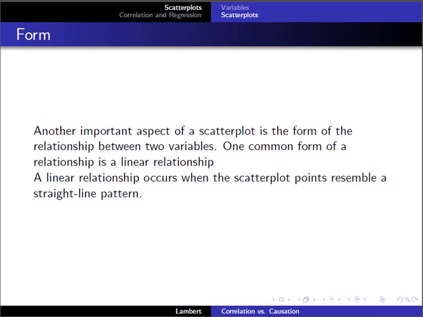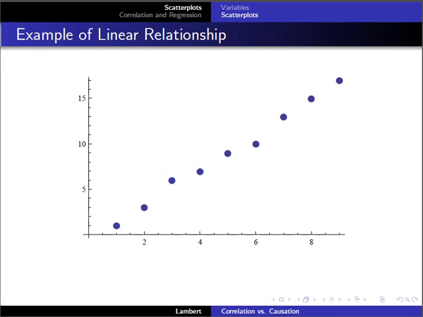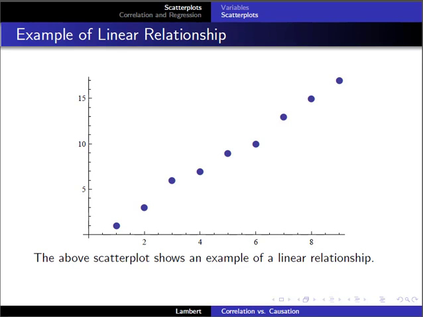So is our scatter plot close to a straight line pattern? Keeping that in mind, if you take a look at this, we can actually talk about whether or not this is close to a straight line, whether or not it's a positive or negative association. So this is an example of a linear relationship, right? It's fairly close to what's going on.